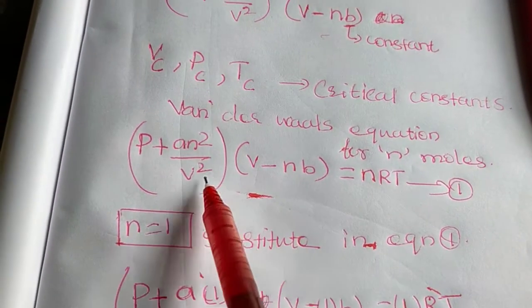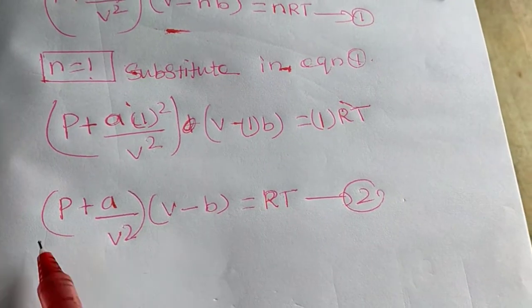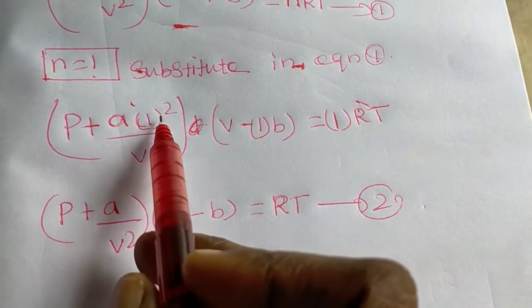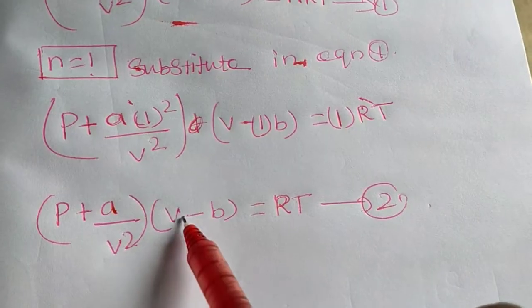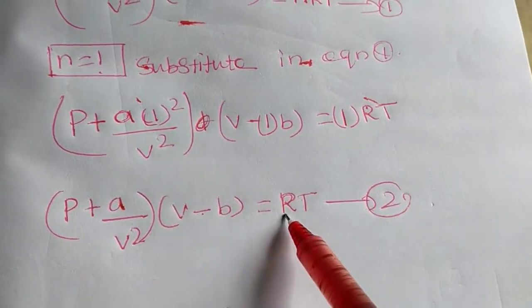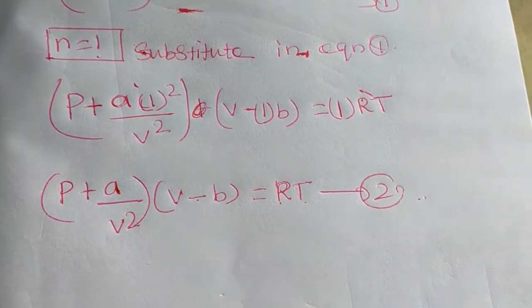In the place of n, you substitute the value 1. So 1 squared is 1, so we get a by V squared, times V minus b, equal to RT. We name this equation as equation 2.